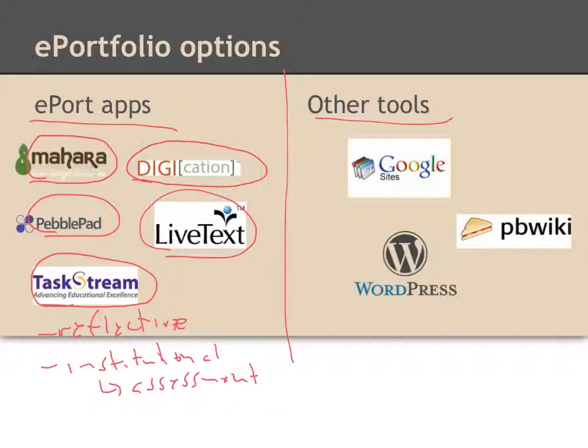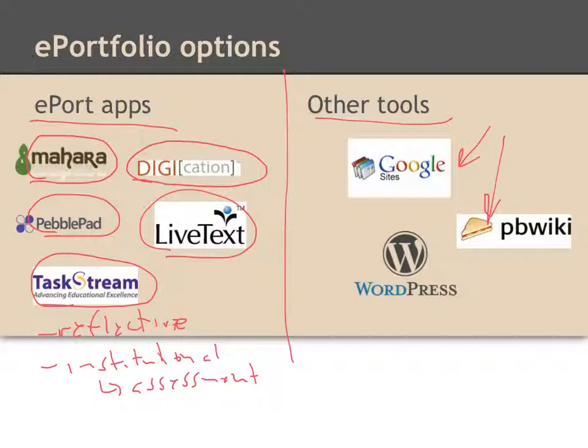I've seen many individuals and institutions that use either Google Sites or various wiki platforms like PBWiki to allow individuals to basically assemble work examples and reflections and present them in an online format.